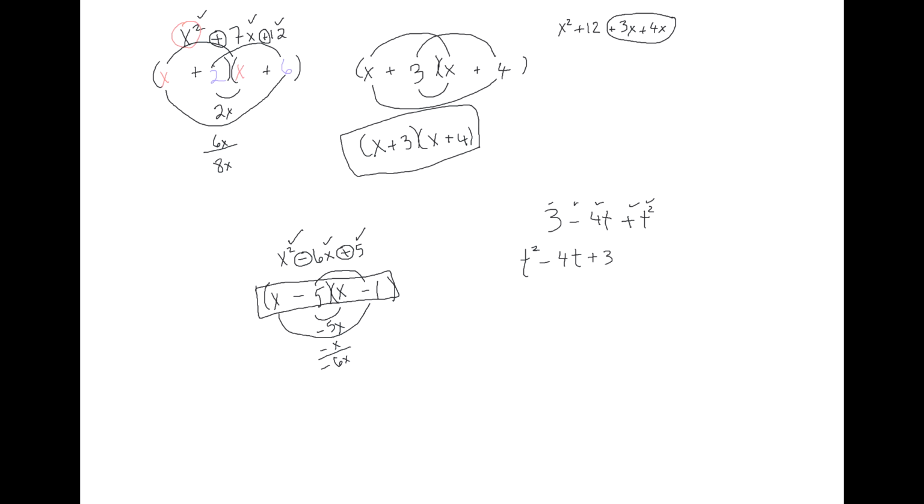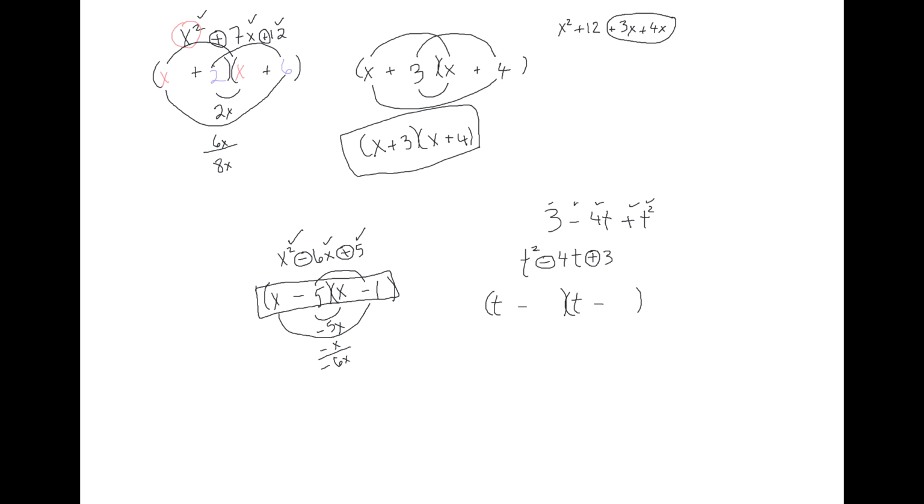And that doesn't change any values of any of those things, so I'm okay to factor it. T and t gives me t squared. The plus in the second sign tells me that both of my signs have to be the same. I want them to add up to negative, so they'll both need to be negative.